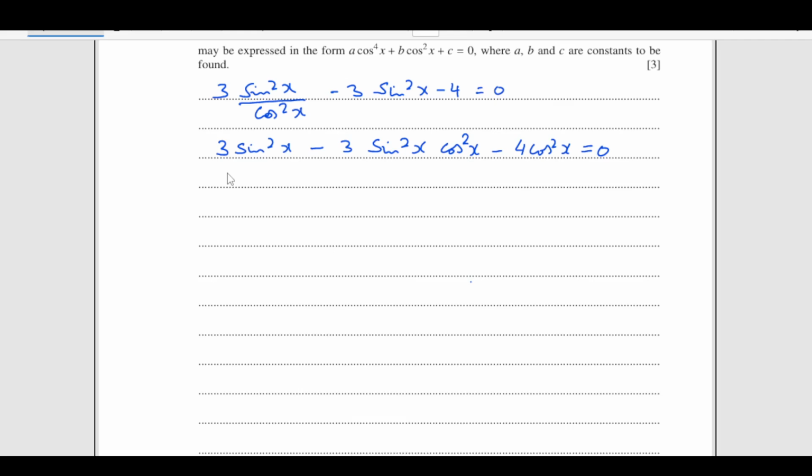So now we are going to write 3 sin squared x is 1 minus cos squared x, minus 3 sin squared x is going to be 1 minus cos squared x, then cos squared x, minus 4 cos squared x equals 0, right. So now just expand all this, this is going to become 3 minus 3 cos squared x minus 3 plus 3 cos squared x.